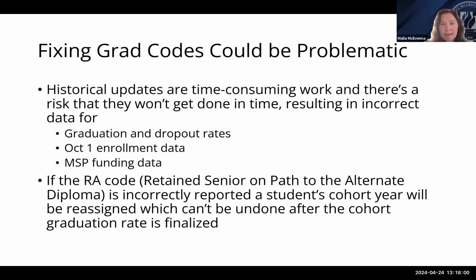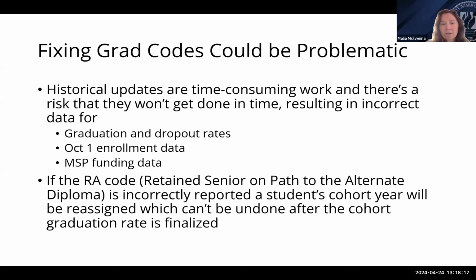Okay, and then finally, fixing grad codes could be problematic. Historical updates are time-consuming work. There's a risk that they won't get done in time. That could result in incorrect data for graduation and dropout rates, October 1 enrollment data, and MSP funding data.